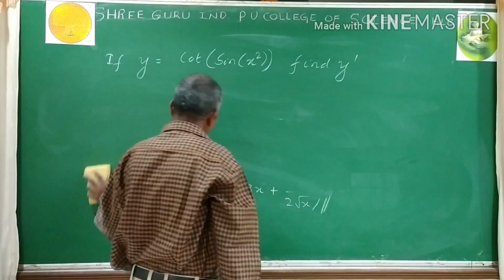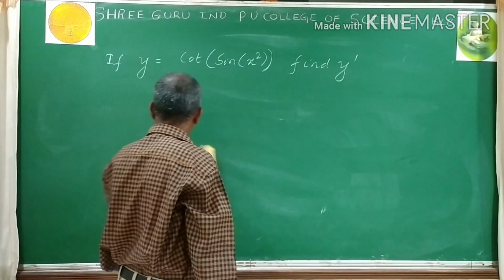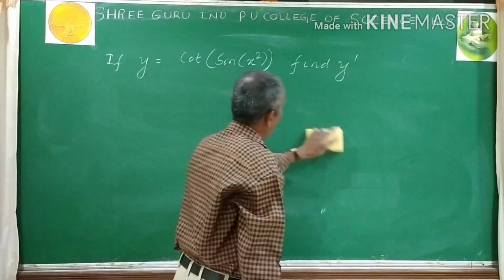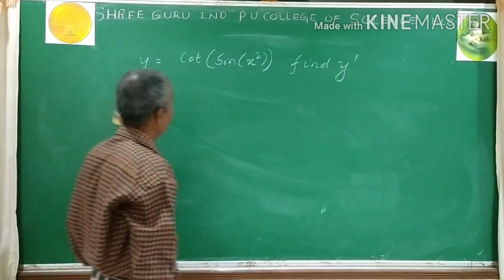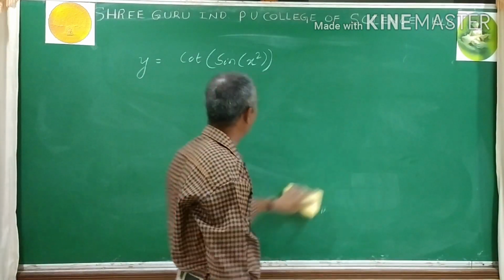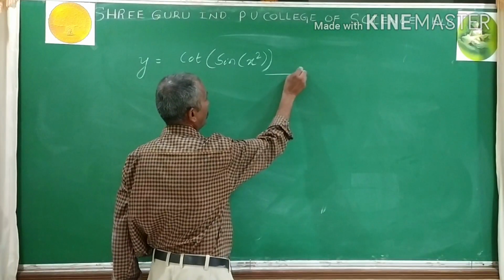Solution. Let's write once again the given function. What is the given function? The given function is y equals cot of sin of x square. Call it 1.